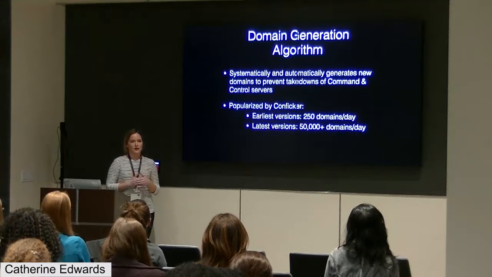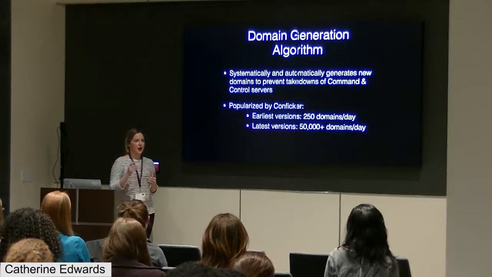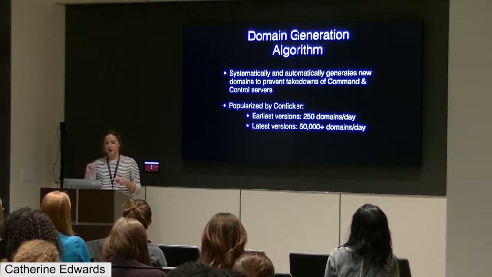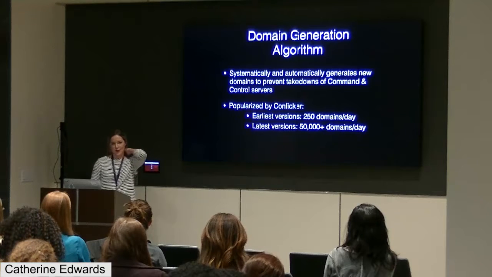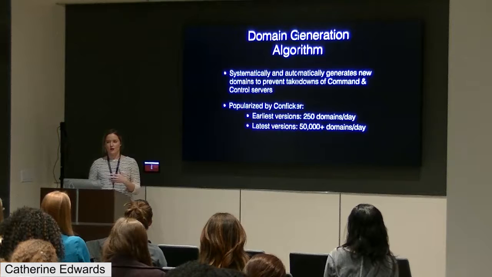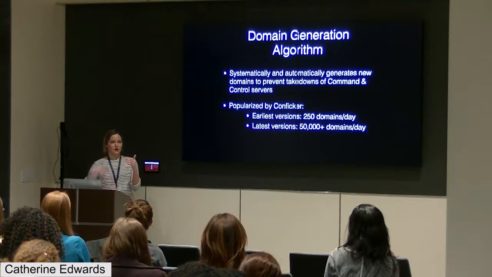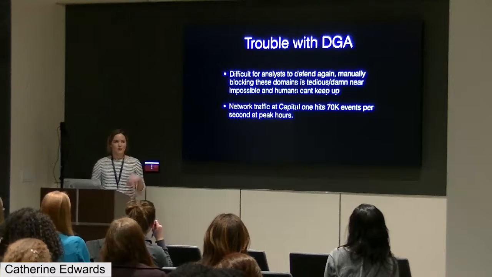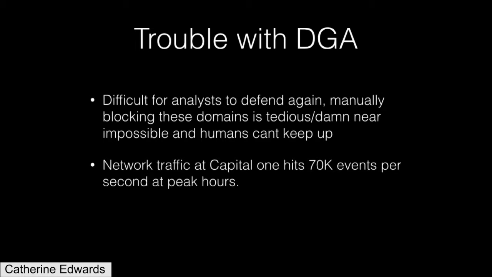A small subset of these domains, maybe less than 1%, actually map to an actual command and control server. But you'll see it calling out to all those domains, and it's really hard for a security analyst to distinguish between malicious domains and legitimate ones. So this is a really popular method that malware uses, and it's really difficult to defend against.